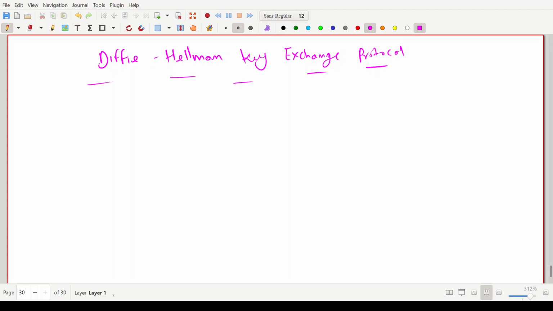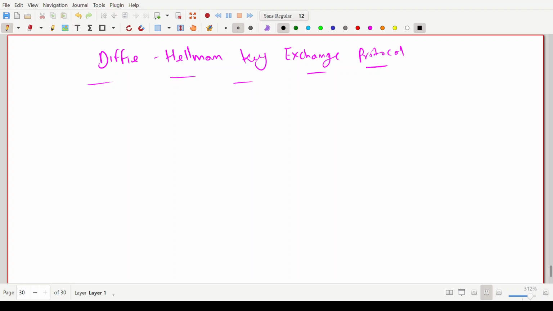That means they want to exchange some key. The same key should be with both people at last. That's why it is called a key exchange protocol. Suppose Alice and Bob are the two people we are talking about. Alice and Bob agree on a large prime P and a generator G of Fp.